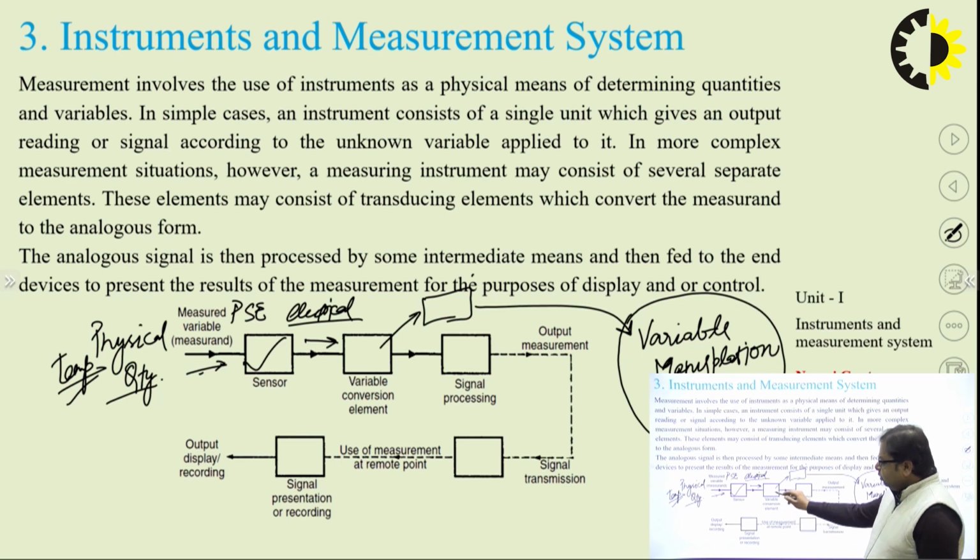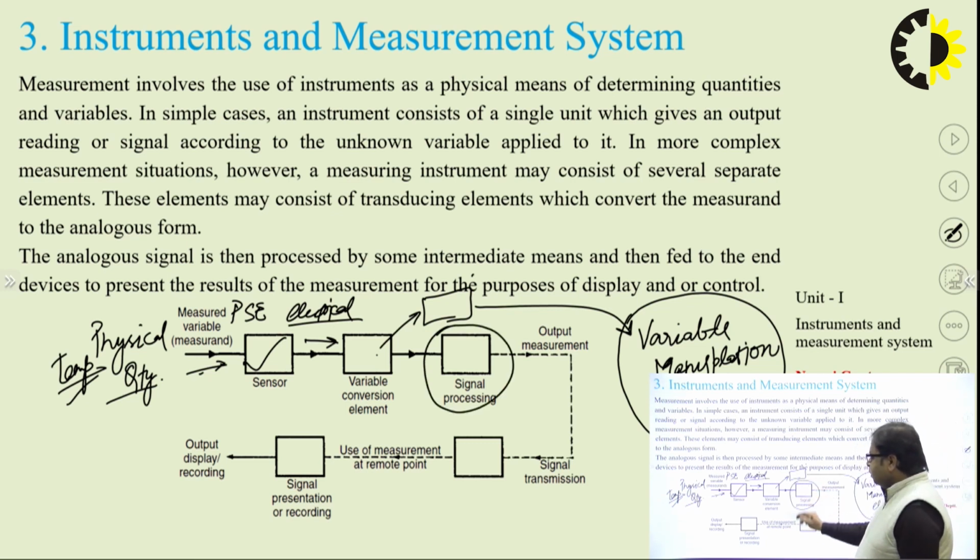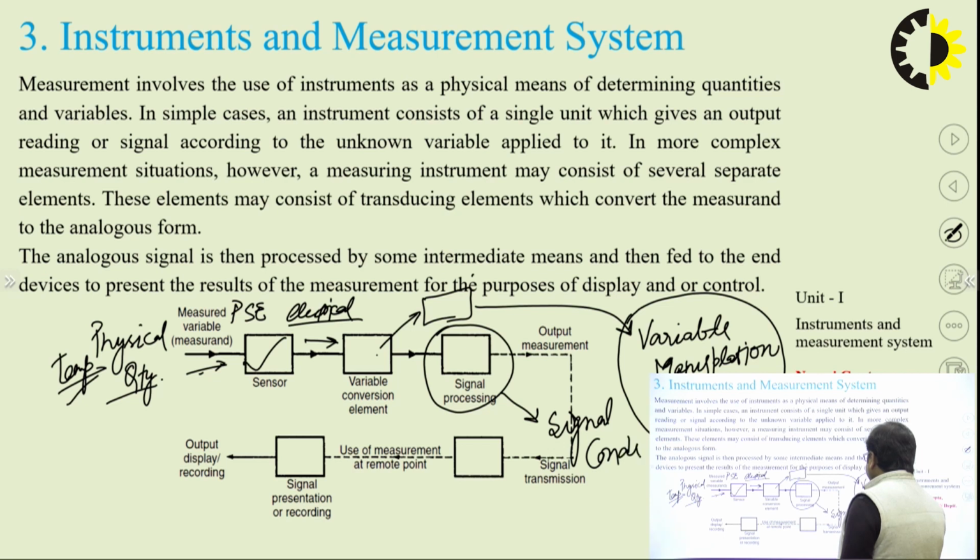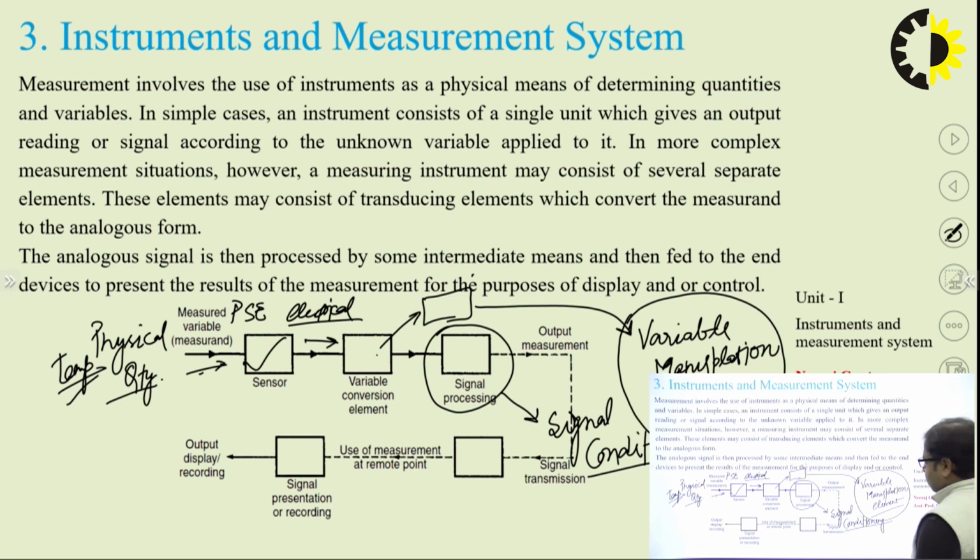As a whole, these two elements, variable conversion and variable manipulation elements, are called the signal processing, or we also term it as the signal conditioning element. Both of the blocks comprise the signal conditioning block.